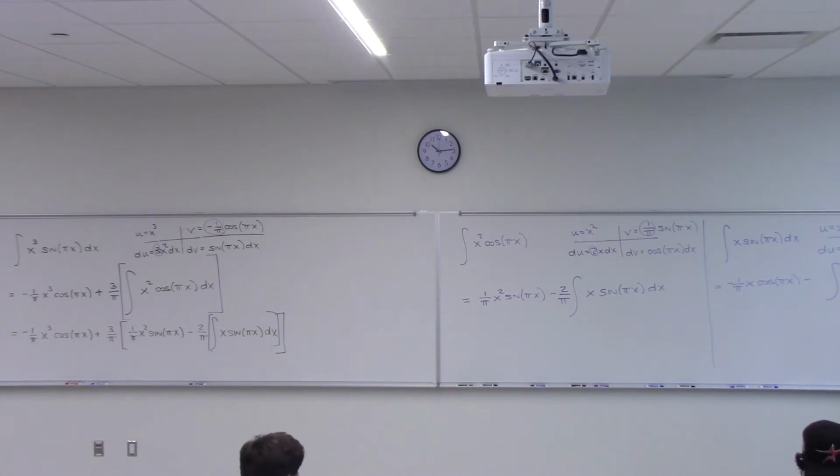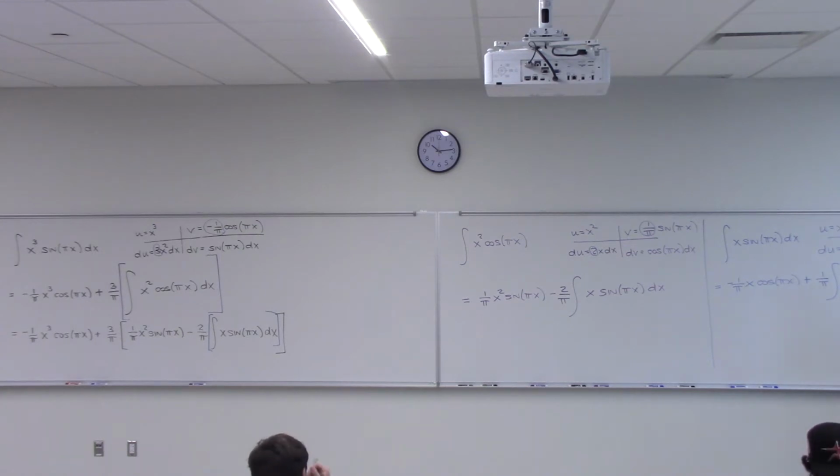What constant can I pull out? Negative 1 over pi, right? So when that negative 1 over pi comes out, it hits here, becomes a plus 1 over pi. What's in the integral? Cosine pi x. Finally, something I can find the antiderivative of, right?